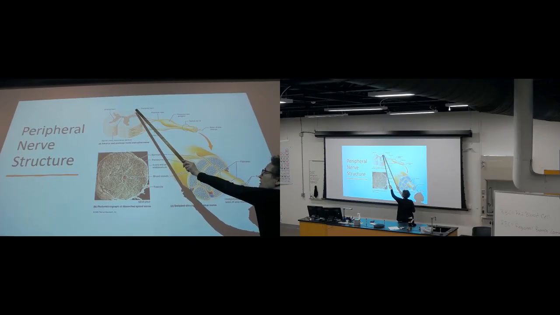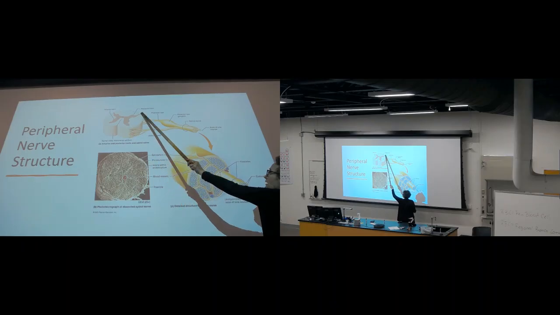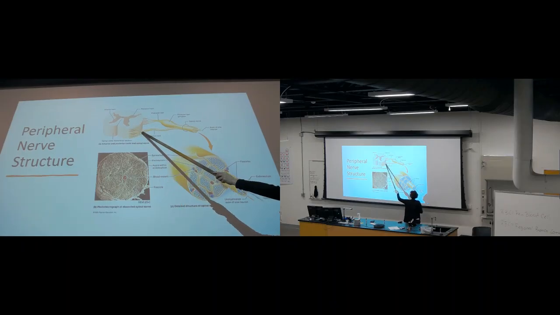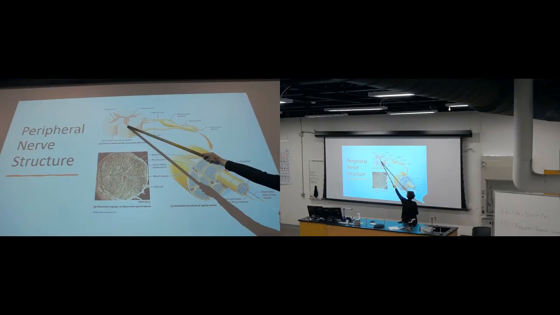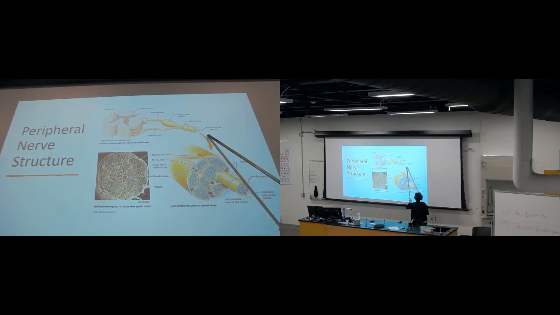And then you may have an interneuron between the posterior horns and the anterior horns that arches and connects this sensory neuron to a motor neuron here, and you create a loop so that you can bring the action potential really quickly, forming a reflex.